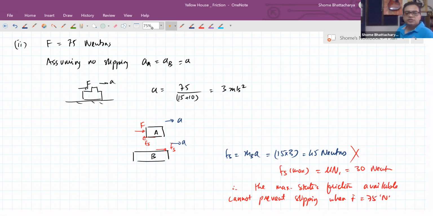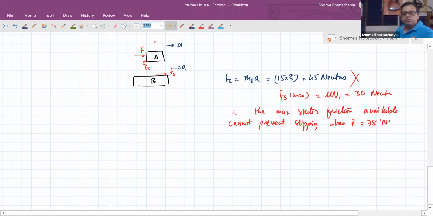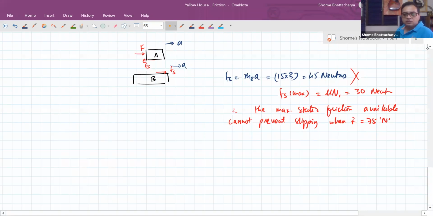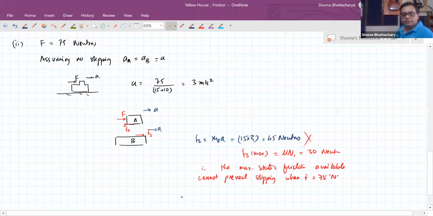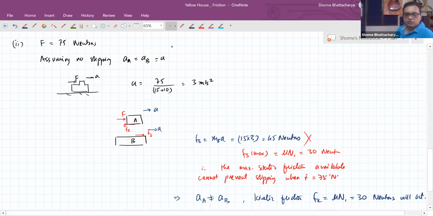So once we know that this assumption has failed, next what we have to do, we have to change our assumption and go back to this equation that acceleration of A will be different from acceleration of B and the friction acting will be kinetic friction. Instead of static friction, it will be kinetic friction. So its value will be mu n1.